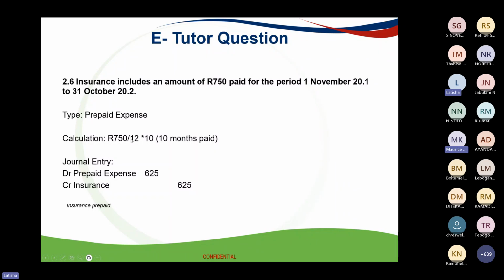So divide by 12. And why are we multiplying it by 10? Because 10 months are in the new year. So January 20.2 to October 20.2 is the 10 months of the following year, which should not be recorded in our current year. And that is why we calculate it like that. And that's why we reduce the expense by the 625 Rand.